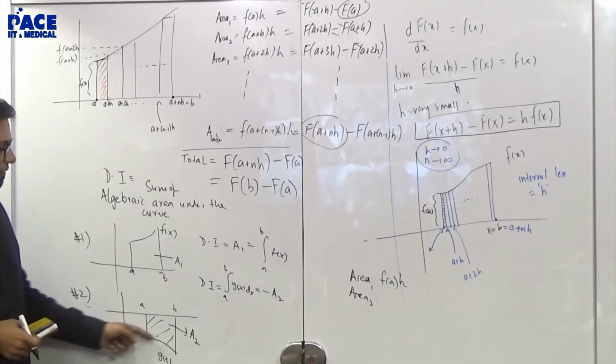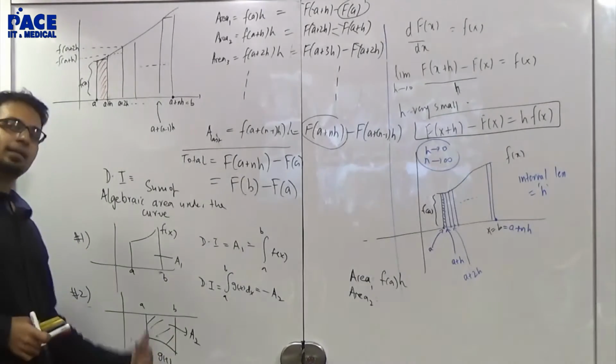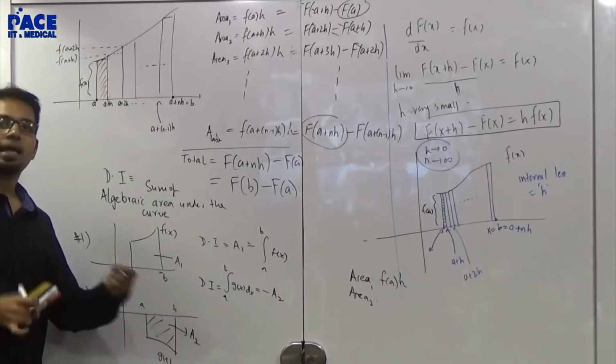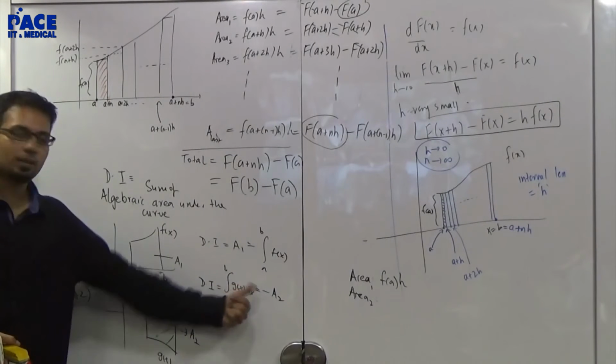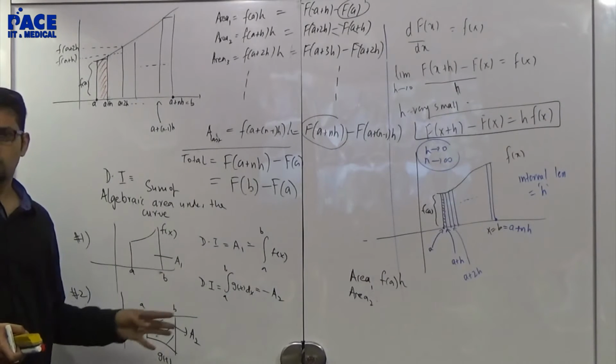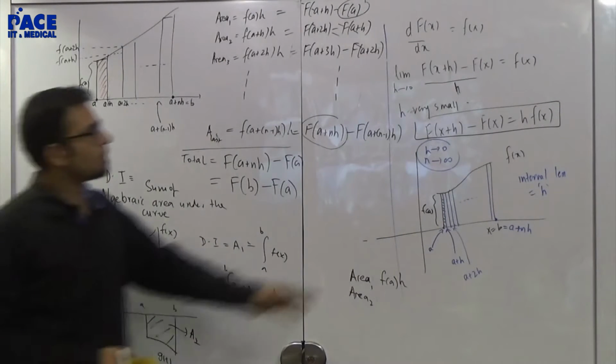So in cases where the function is negative, the value of the integral will come out to be negative, but area is always positive. Therefore, the magnitude will come out to be the same. It's just that the sign will differ. Is that clear? Okay.